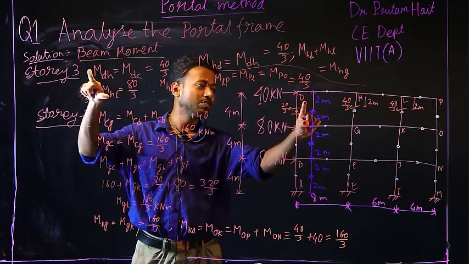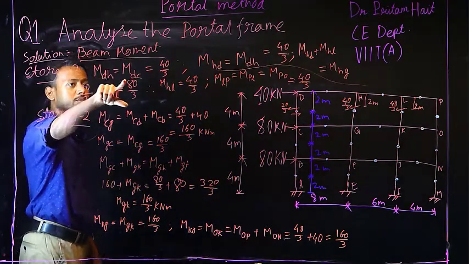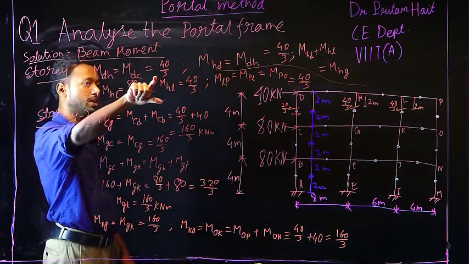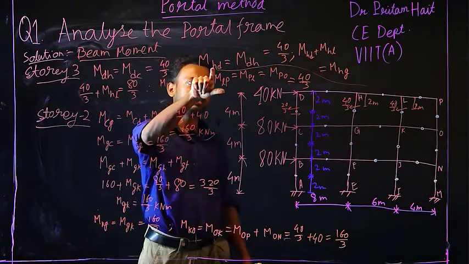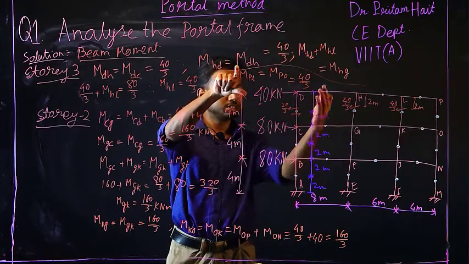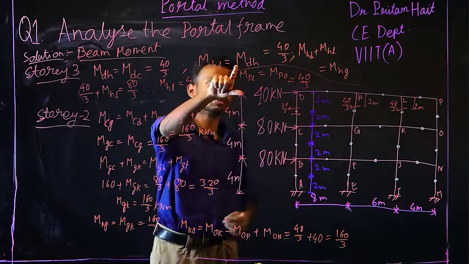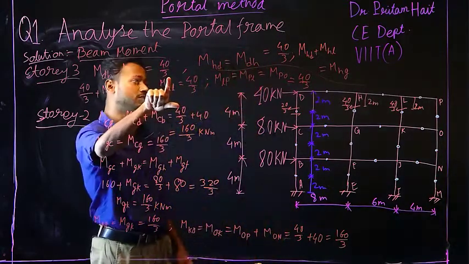So MDC will be equal to MDH. I can write MDH equals MDC, that is 40 by 3. Now I can say that MHD equals MDH. This is the same member, the same beam, equal to 40 by 3, which I calculated here, right?